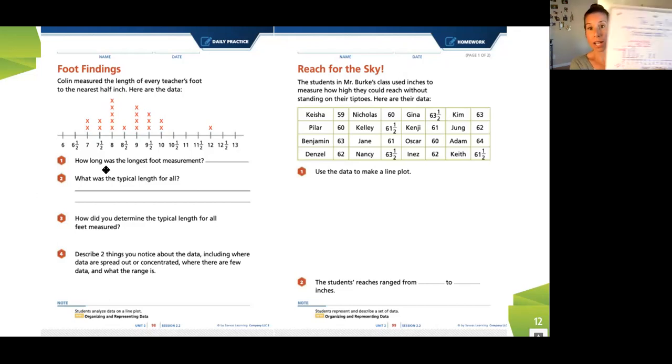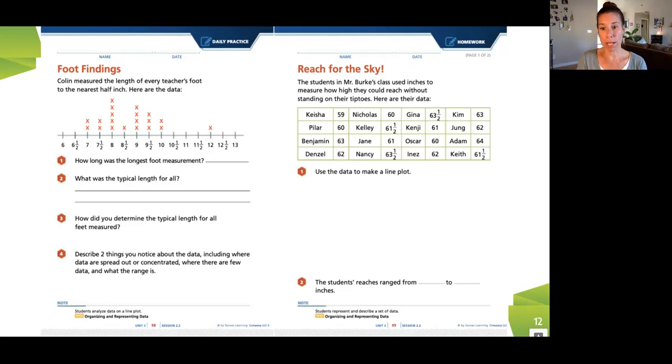So on your anchor chart, you have what an outlier is. You have the concentrated area, and you have what the range is. So look back in your notes and see if you can describe 2 things about the data.